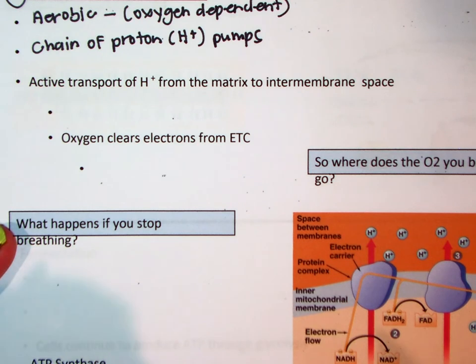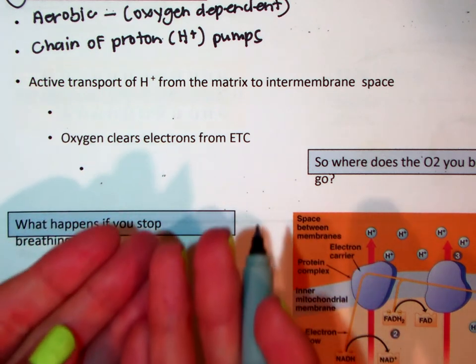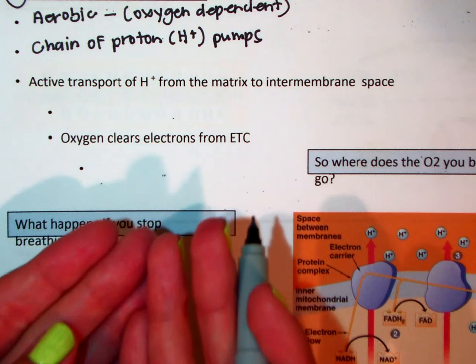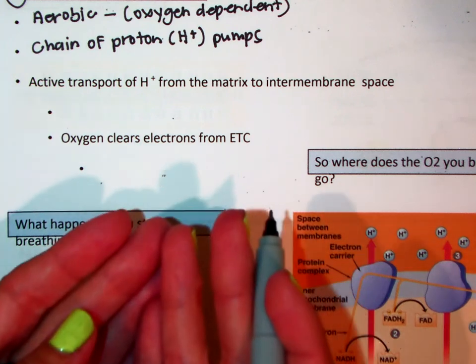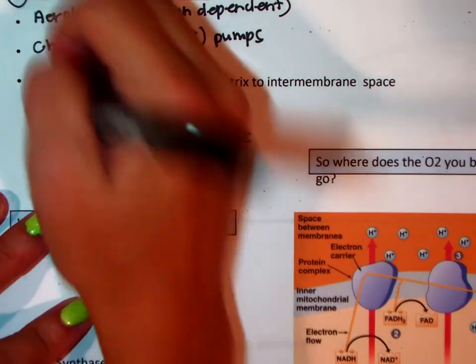This is where NADH and FADH2 become important because they're going to donate all of these hydrogens, all these protons and electrons they've been carrying to this reaction. They're going to carry them over there, and it allows this to happen.